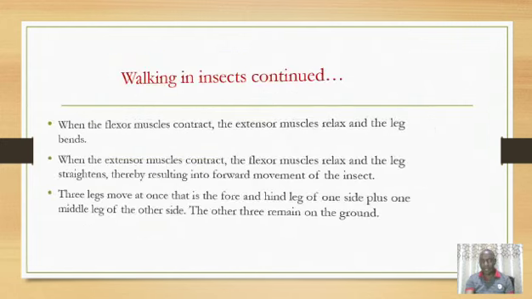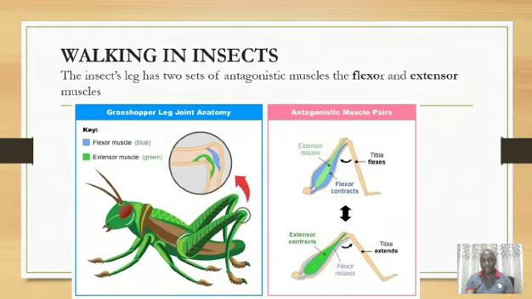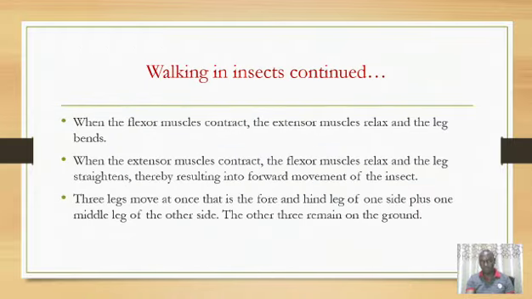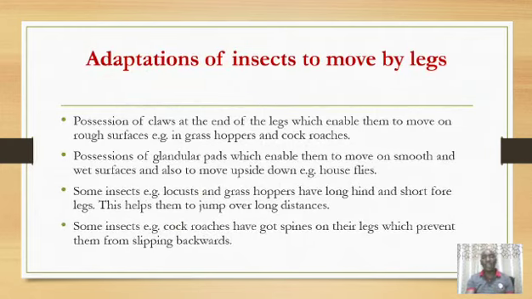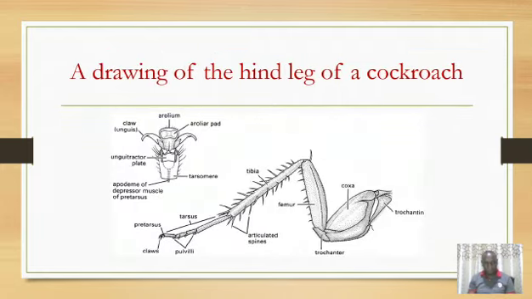When we look at this insect that we have just seen, look at the hind limbs. The hind limbs are longer than the fore and the middle limbs. What is the advantage of that? It enables the insects to generate a greater propulsive force. A propulsive force is one that enables them to get pushed forward.